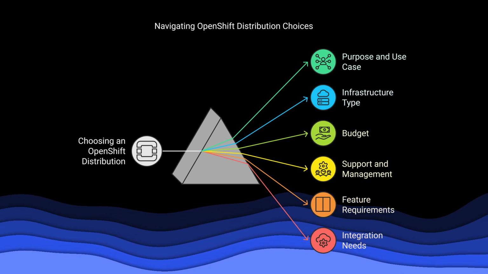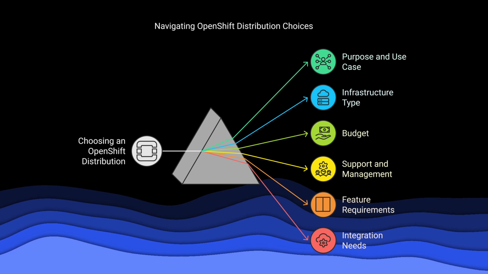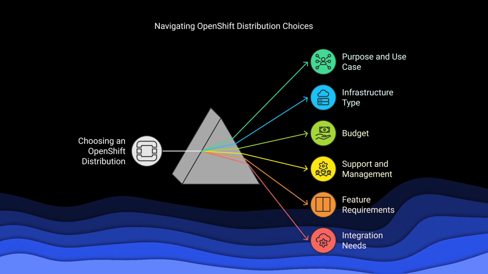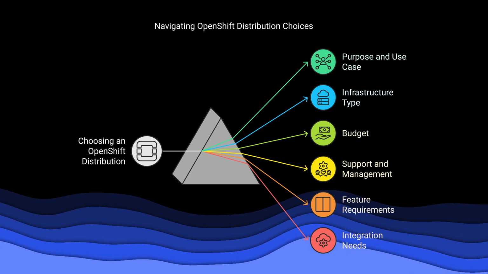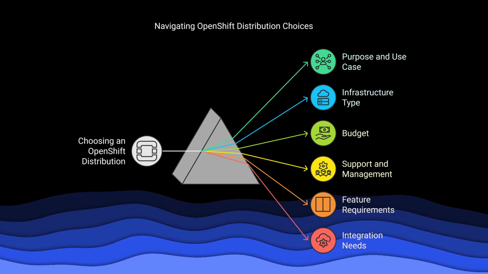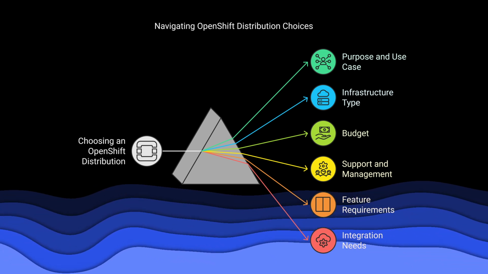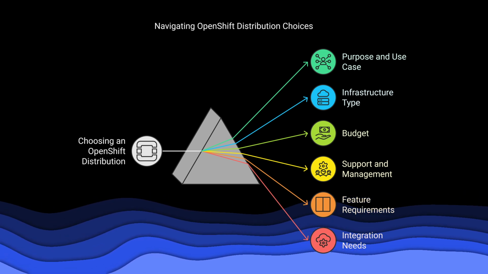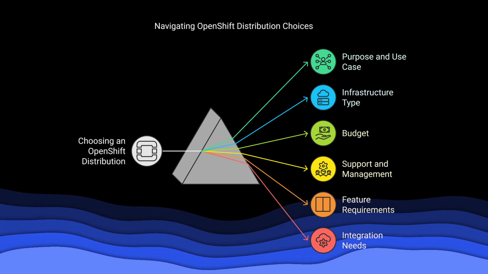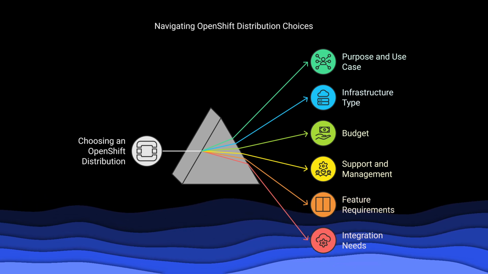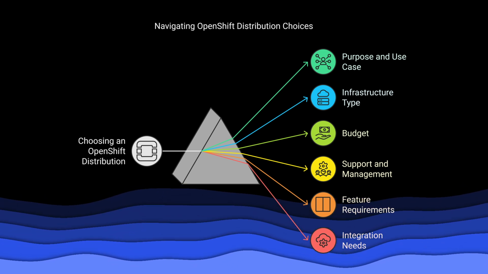They handle all of those infrastructure headaches for you, so you can focus on your apps. But if you're an organization that has existing data centers, maybe you have a really great IT team that likes to maintain a lot of control, self-managed OpenShift might be a better option. It gives you the flexibility to manage it on your own terms using your existing infrastructure. Okay, cool. What's next?